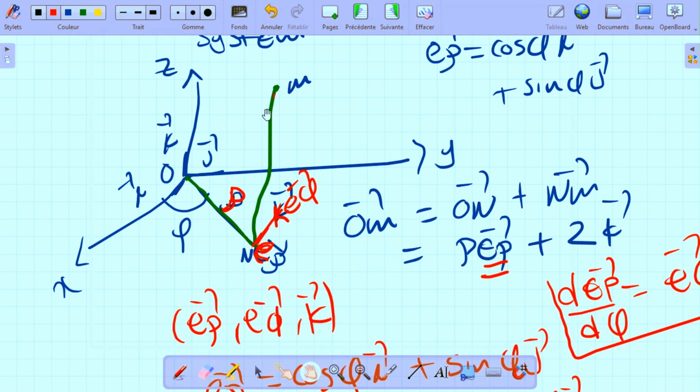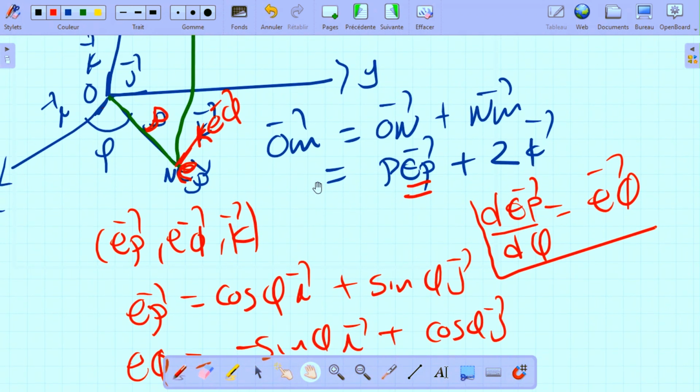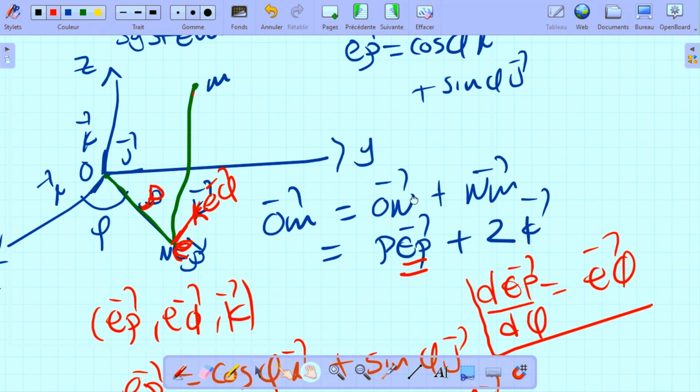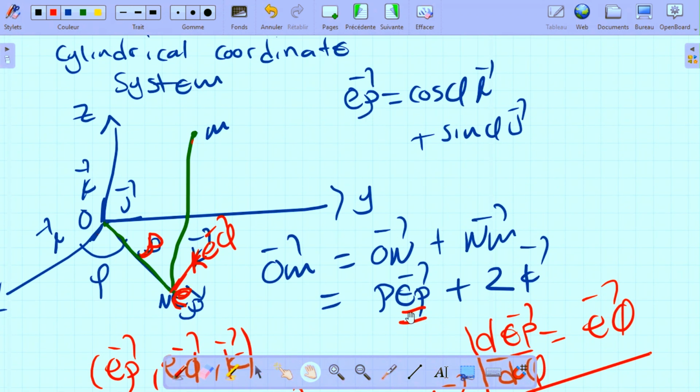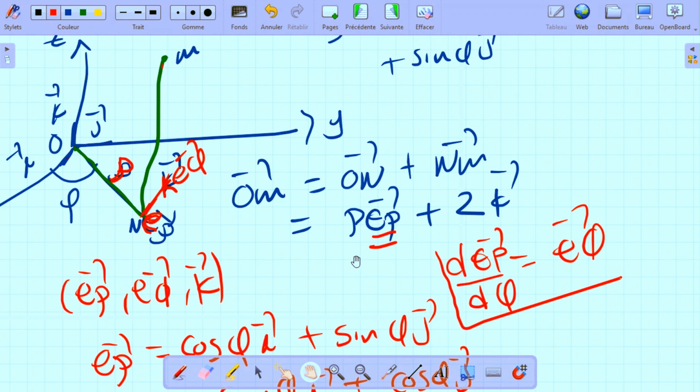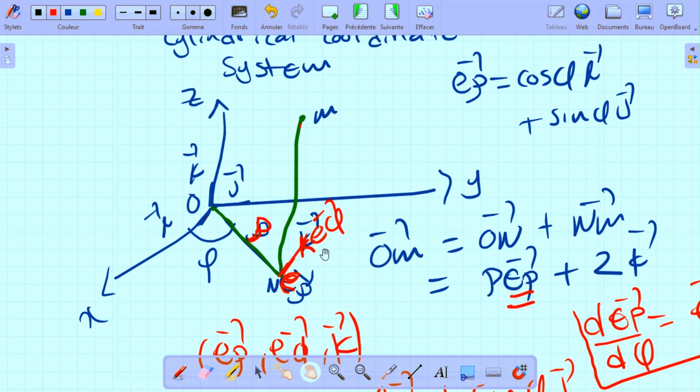So you say z in the direction of k, then rho in the direction of e rho, to identify your OM. Then as usual, if you want to convert OM into the Cartesian basis, you just replace e rho with its expression, and it will give you OM in the Cartesian basis. This is everything that you need to know about the système de coordonnées cylindriques.